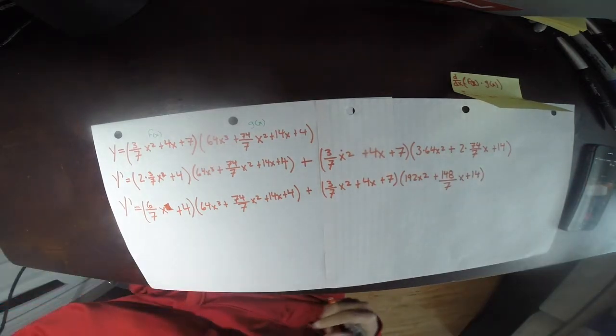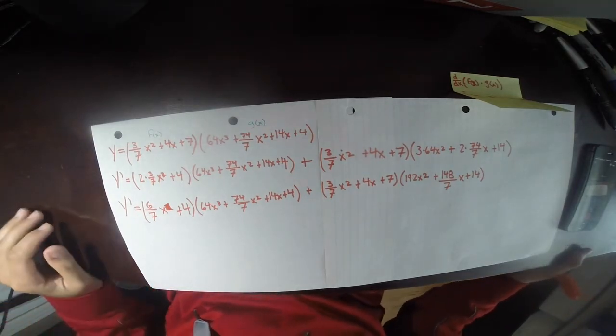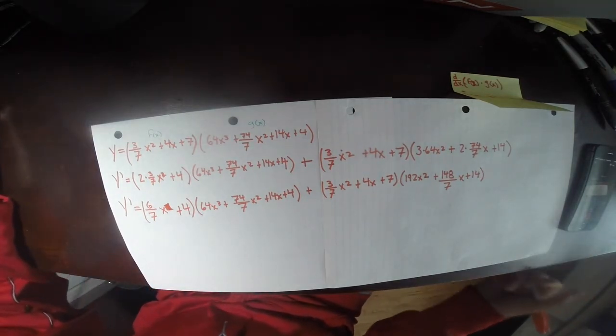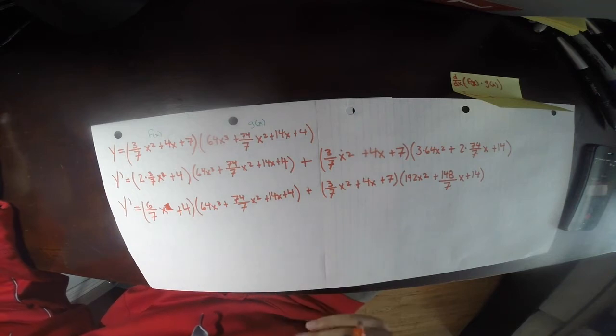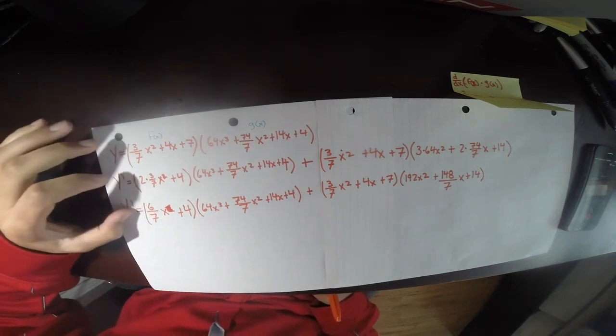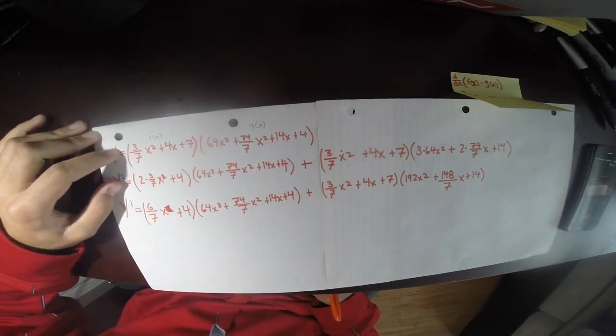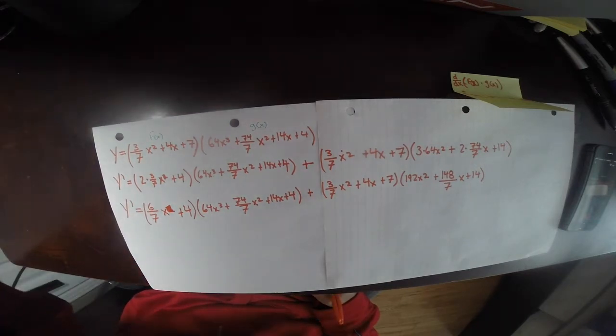And there you go. There's your answer, or not equation, my bad, derivative. This is your derivative of this function right here. Now you know the product rule and how to solve the hard ones.